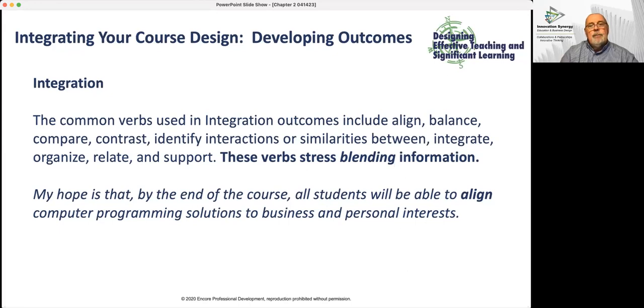All right. Now, certainly when you have an introductory course, you're probably spending more time with students focused on foundational knowledge and application. In the middle, there's still some foundational knowledge, there's going to be more application, and you're going to start integrating.